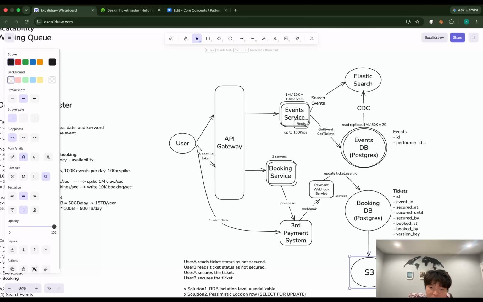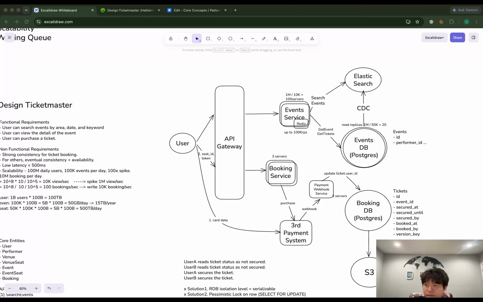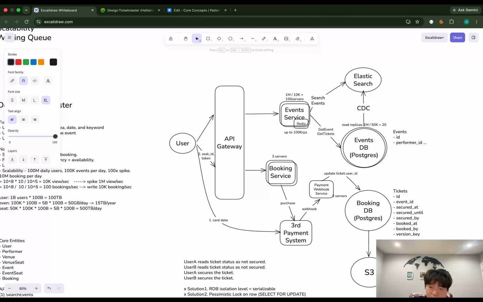And also, if the data is old, I can move it to cold storage. With cold storage, it's much cheaper, but it takes time to fetch the data, like maybe 1 second, 2 seconds, 3 seconds.